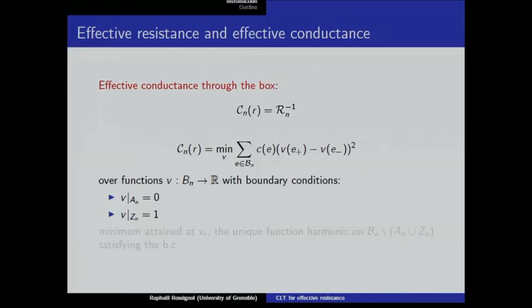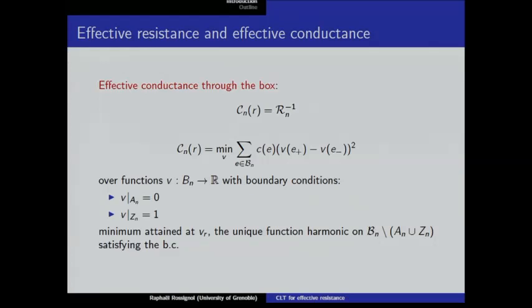Well, in fact, it's not completely coherent with the last slide. It would be better to say 1 on A_n and 0 on Z_n, but anyway. And the minimum is attained at a unique function, which is the unique harmonic function on the box everywhere except at sides A_n and Z_n, and which satisfies the boundary condition.